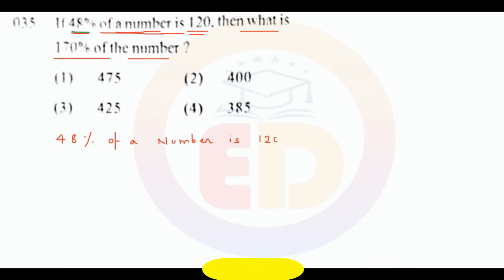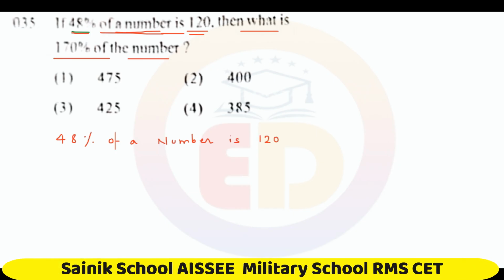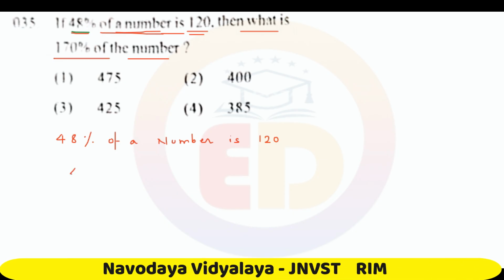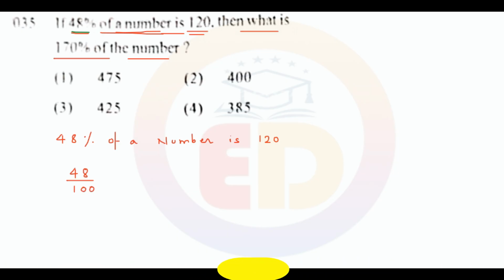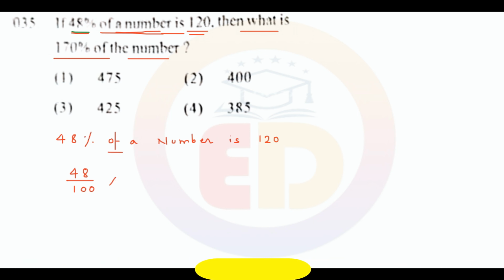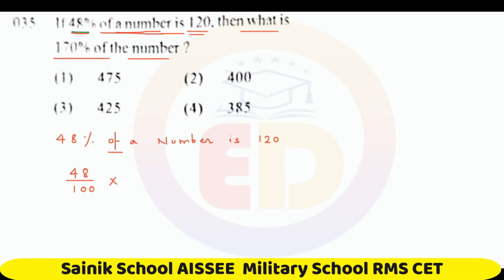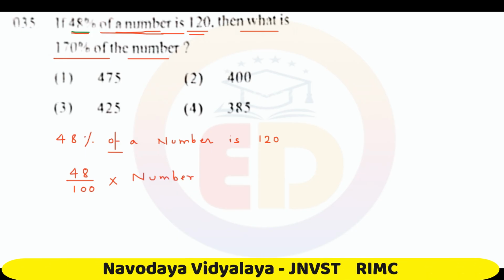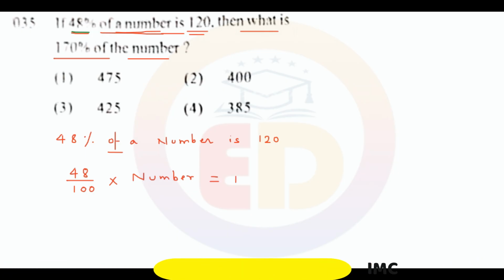Very important for you to understand how to convert a sentence into an equation across all the mathematics sections. 48% means 48 upon 100. In mathematics, remember, of means multiply. Number I will keep as it is. In mathematics, is means equal to 120.